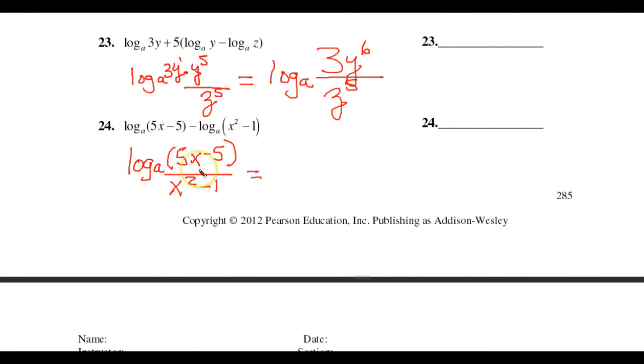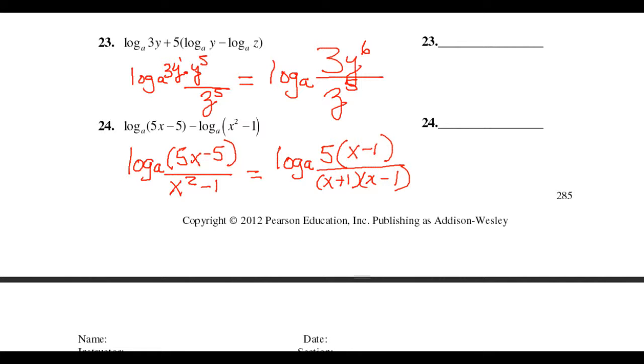Now, it looks like they want us to do a little factoring there. So let's factor that. Oh, we haven't done factoring in a long time. So we can take a 5 out of there, and we get x minus 1. And we can factor this into its conjugates, x plus 1, x minus 1.